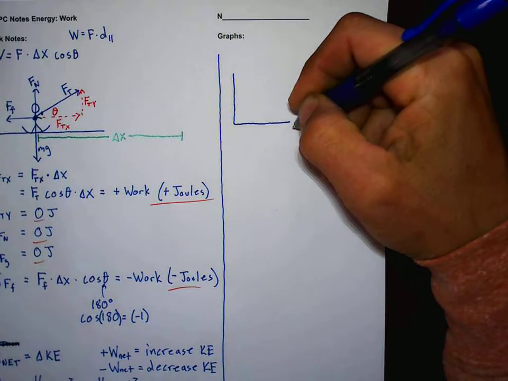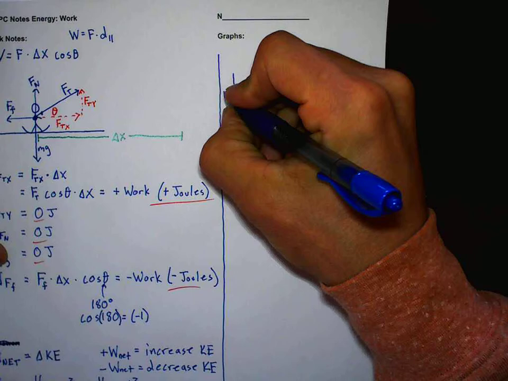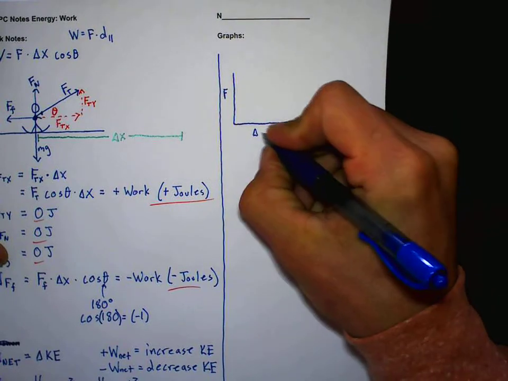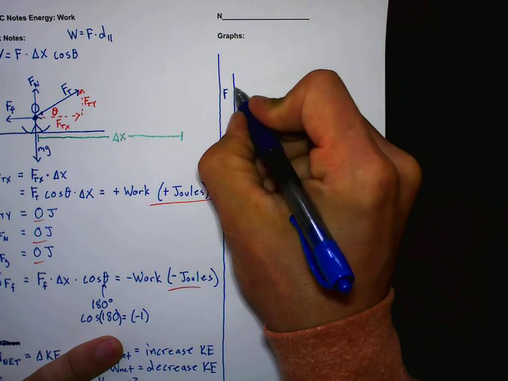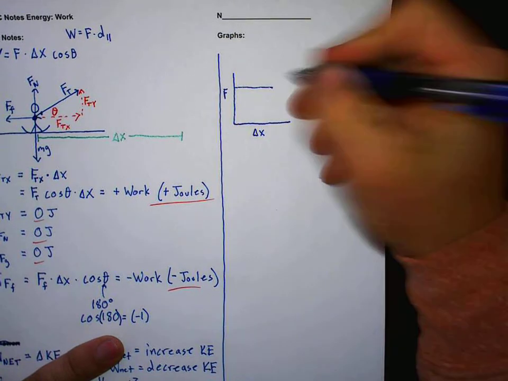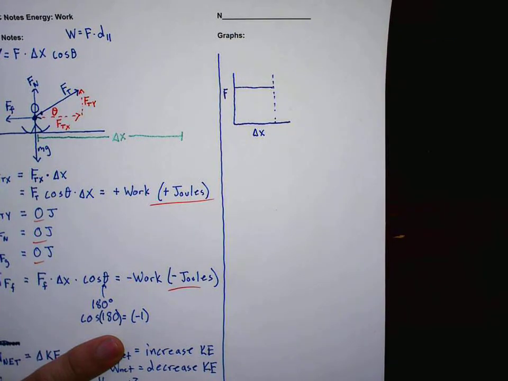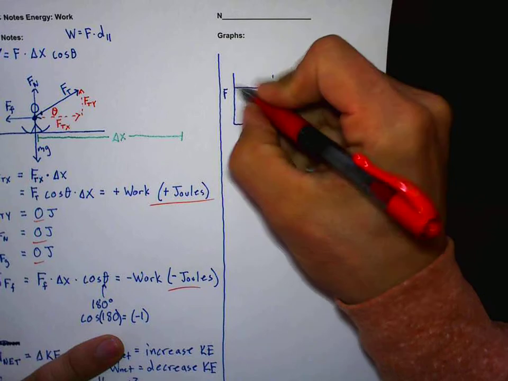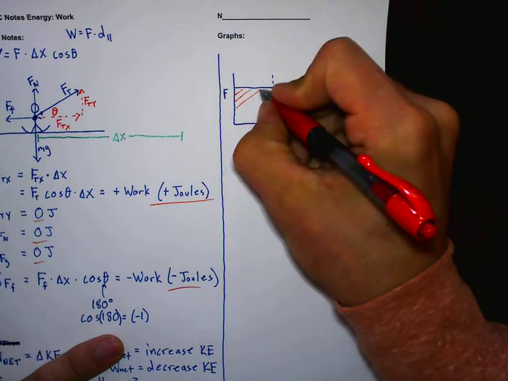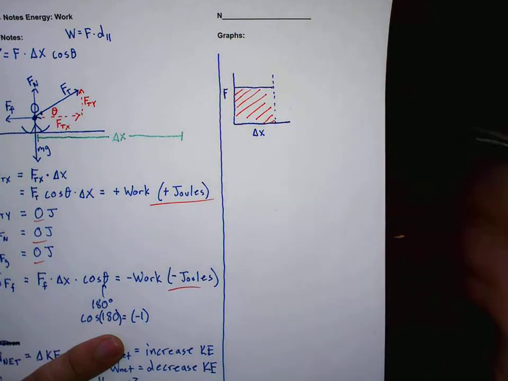We're not talking about friction right now, we're talking about this force. If we graphed it, F and delta X, the graph of that force would be like this. It's a constant force, it's not changing. Now the work done is the area beneath that graph. We're going to shade this area in right here, and that is the work done.